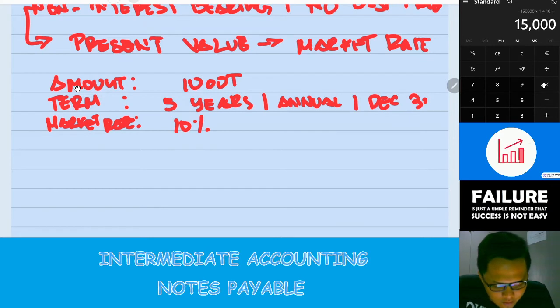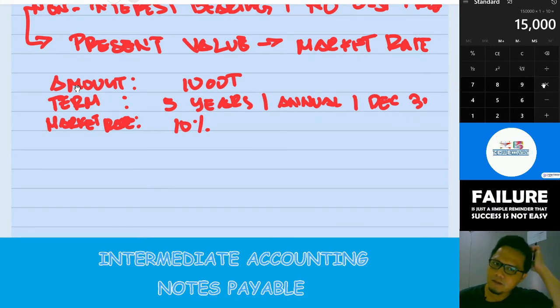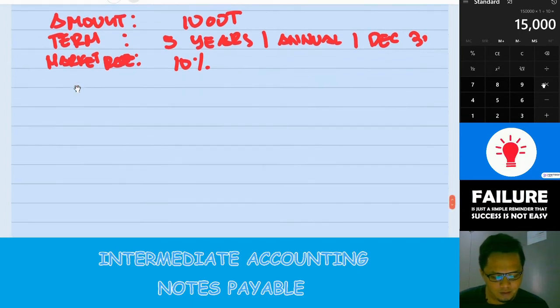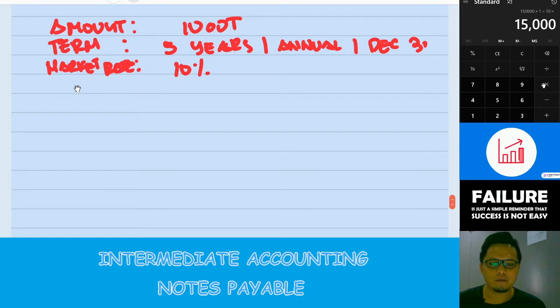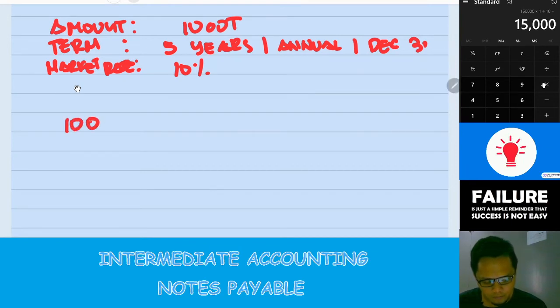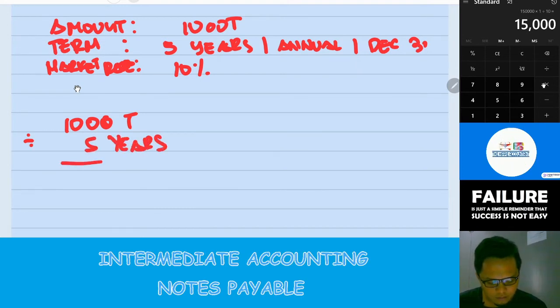So, how will we do this? Okay? So, number one, let's compute for the annual payment first. Magkano yung annual payment na required? So, basically, that is computed as the amount of loan na 1 million divided by 5 years. So, that would be 200,000.